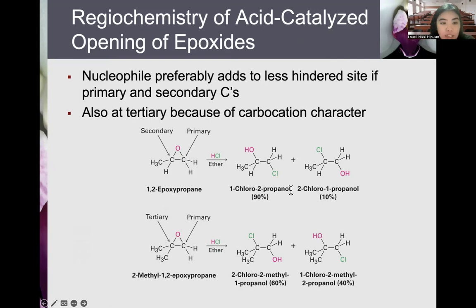So again, when both carbon mo sa epoxide, like for example, ito, wait, I'm pointing at the correct carbon. So like for example, itong carbon na to and this carbon na to, so either primary, so itong isa is primary, yung nasa right, yung nasa left naman is secondary.